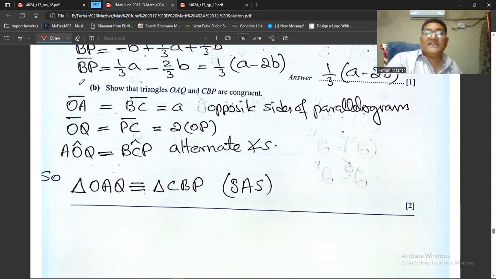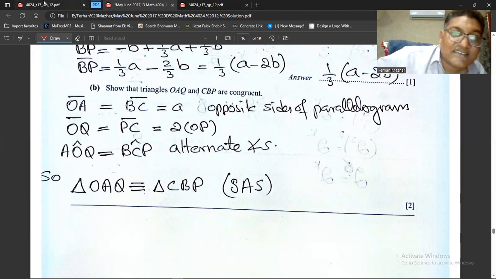OQ is equal to PC and both of them are 2 times of OP. AOQ angle and BCP angle are alternate angles of the parallel lines. So triangle OAQ is congruent to triangle CBP. The reason is side, angle, side: 2 sides and 1 angle is the same.